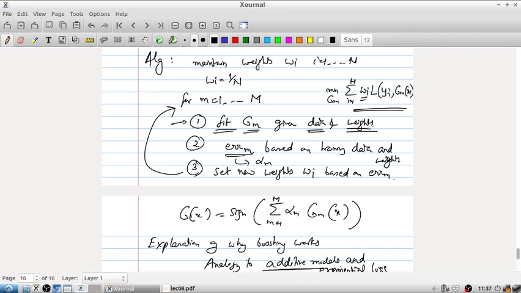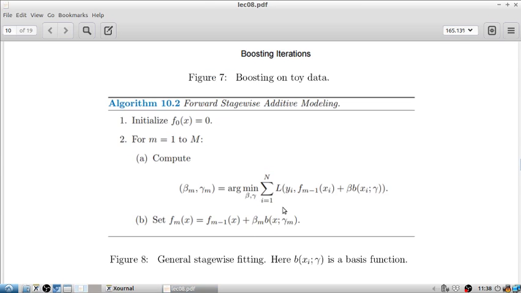If you see steps 1, 2, and 3, there is a minimization over loss in step 1, but that's not the same loss that you saw in forward stage-wise additive modeling. It's not a weighted loss, first of all. The key difference is that in forward stage-wise additive modeling you plug in the previous model, the previous sum of m functions, as part of your loss minimization.